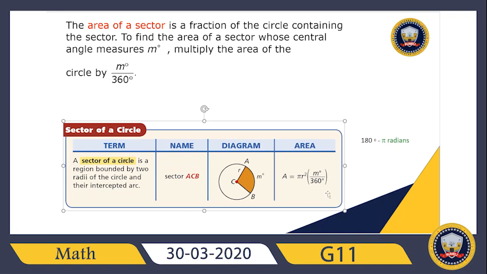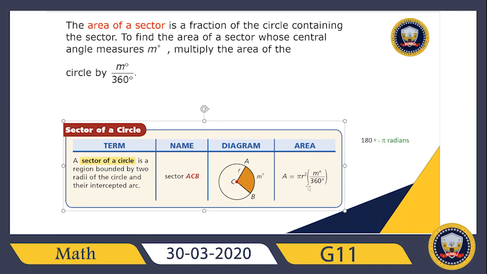Maybe someone will ask me, can I use the radian instead of the degrees in this angle? Yes, you can. If the angle is measured in radians, then instead of 360 we will use 2π, because the full angle of a circle is 2π radians, or I can use 360.